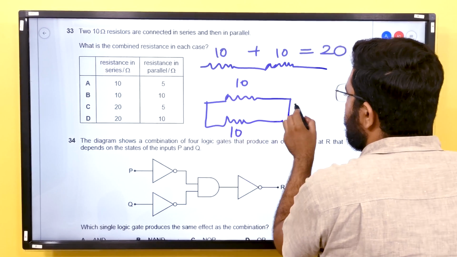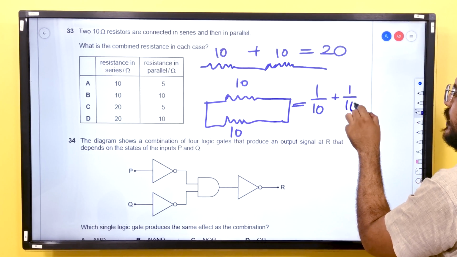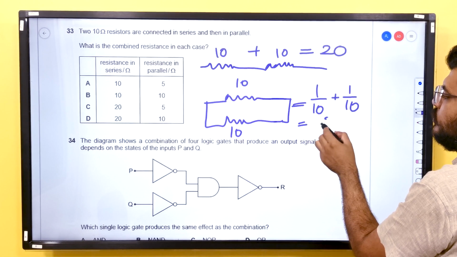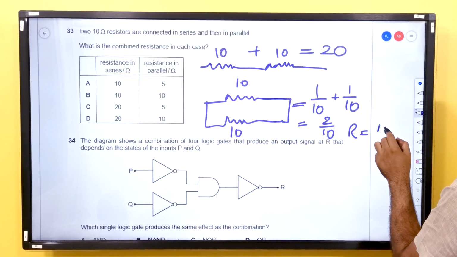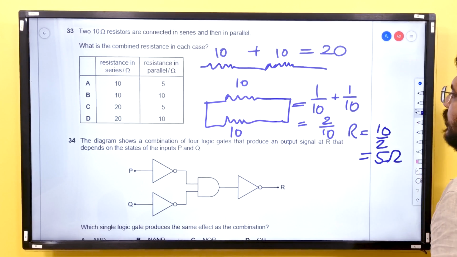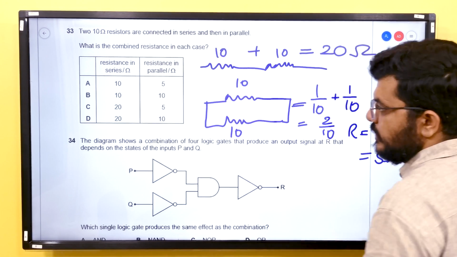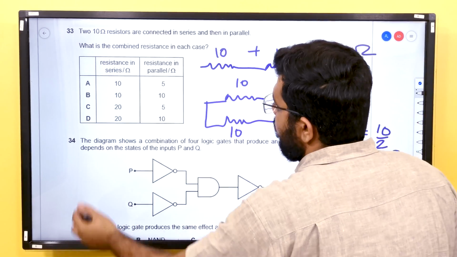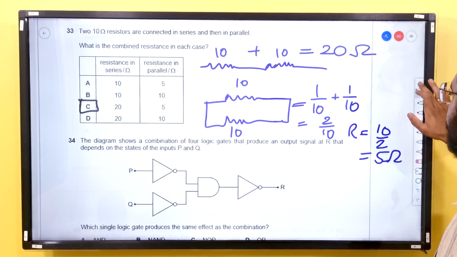So 1 by 10 plus 1 by 10 is equal to 2 by 10. So the resistance is 10 by 2, which is 5 ohms. So in series 20 ohms and in parallel 5 ohms. Let's find an option. You have option C as your correct answer.